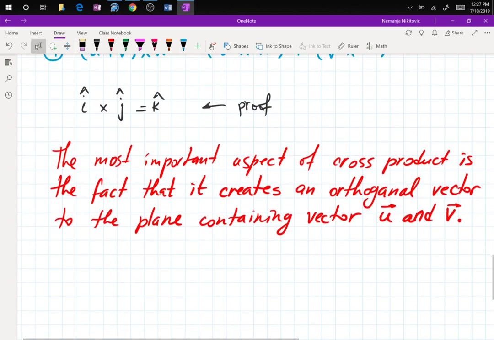So the most important aspect of the cross product is that it gives you that vector.